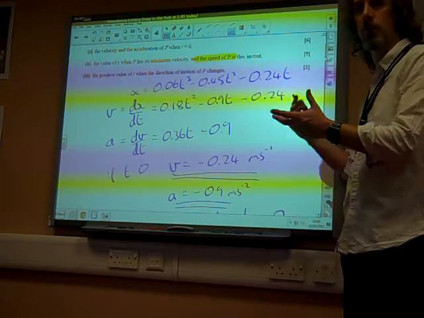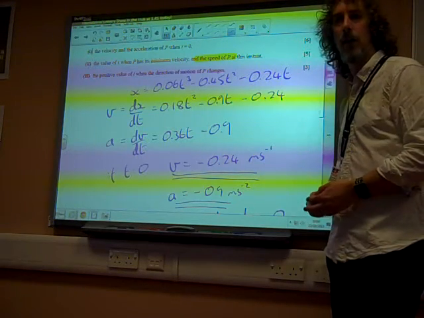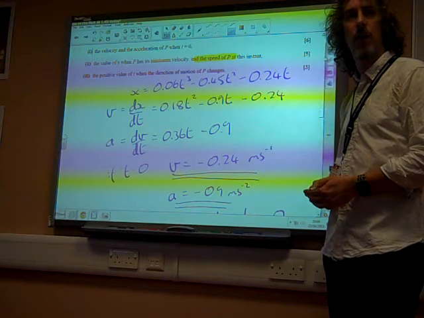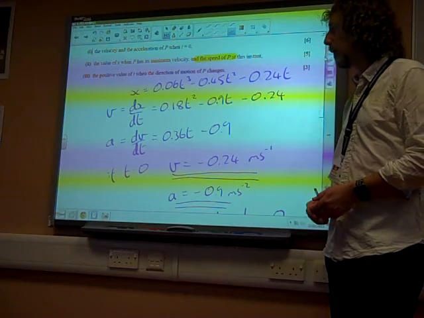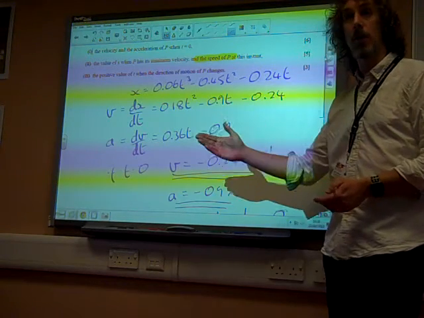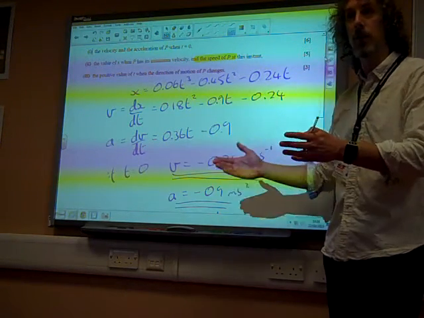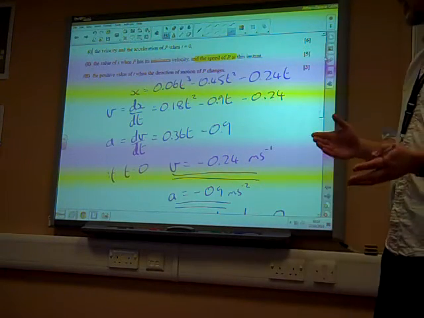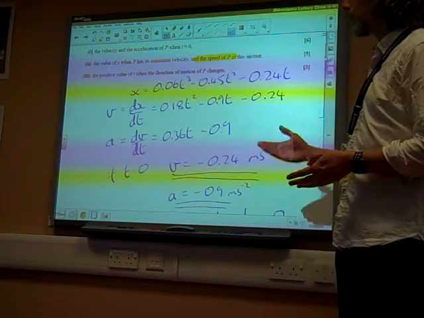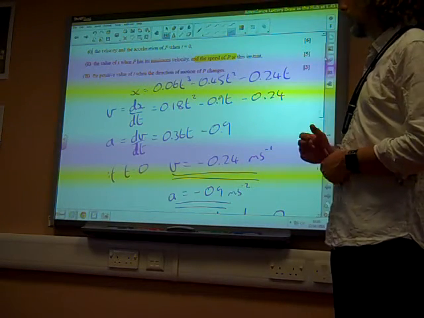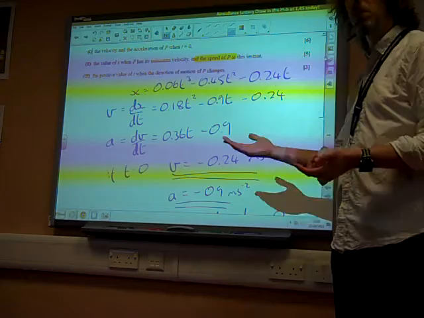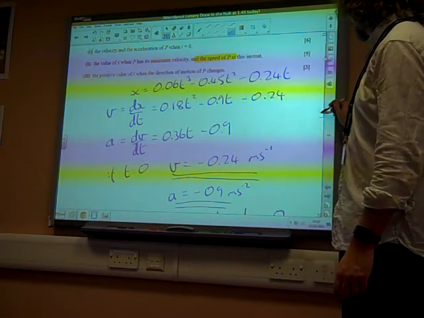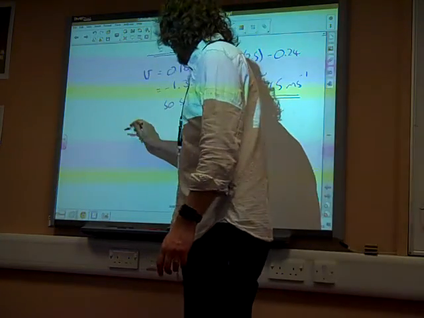At the instant that it changes, it must become zero, mustn't it? Because that's what you get between positive and negative. So actually what the question is saying is find the positive value of t when the velocity is zero. It's another way of saying that, isn't it?